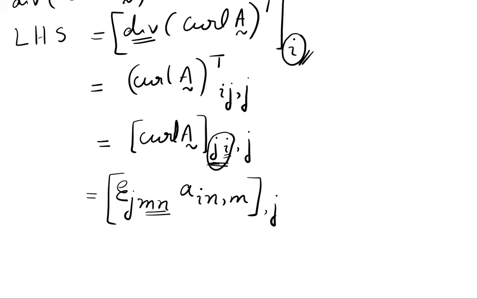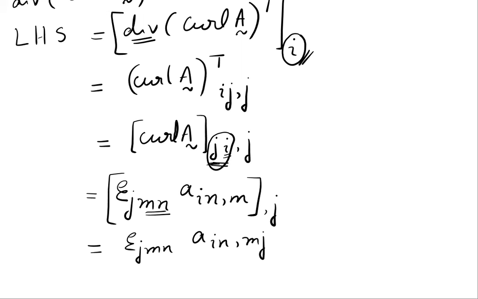Okay, so now that is equal to epsilon jmn a in comma mj, because after the comma there is differentiation with respect to m and again differentiation with respect to j, so I'm just combining those two, putting as comma mj, right?